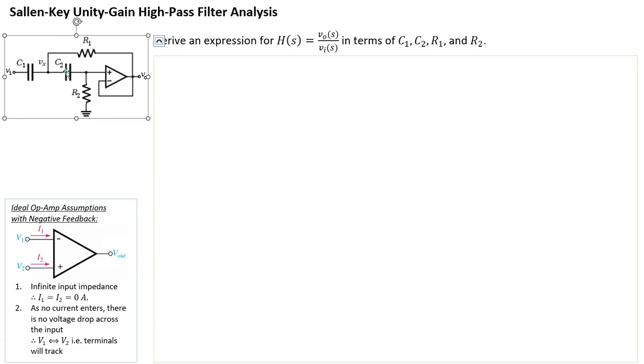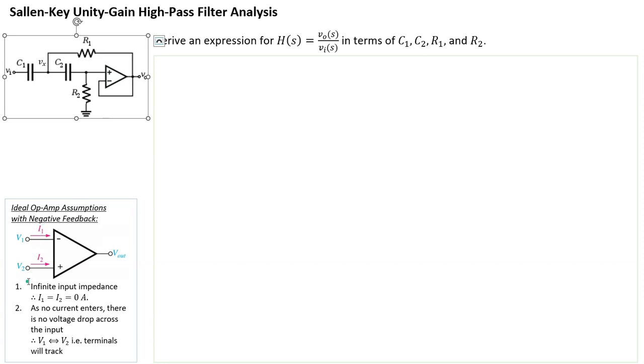Now, for this node here, we have to look into the property of the ideal op amp, where it is negatively fed back, which is the case here. The output feeds back into the inverting terminal. In this case, you're going to have two properties.